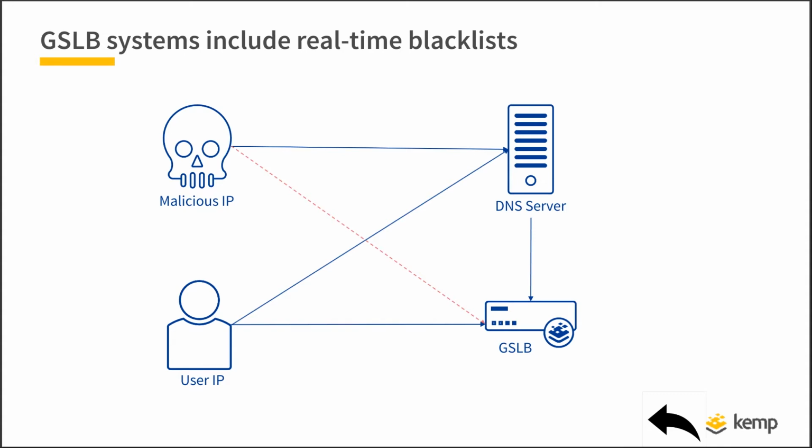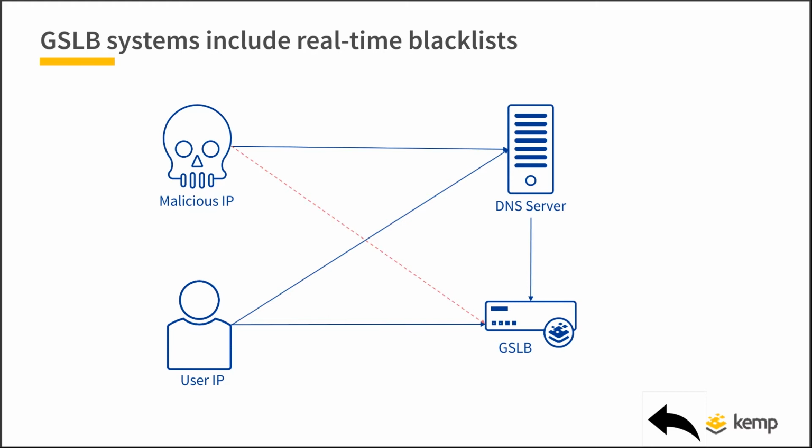So it will be able to see that that lookup is from a malicious IP, and it won't allow that to go through. But if they use an intermediary DNS system like OpenDNS or Google DNS or an internal DNS server in a compromised LAN, anything like that, and that's doing recursive lookups, well, in that case, the GSLB device will actually see the IP address of the DNS server in the middle rather than the actual client requesting that. So that means that we're not able to match those.